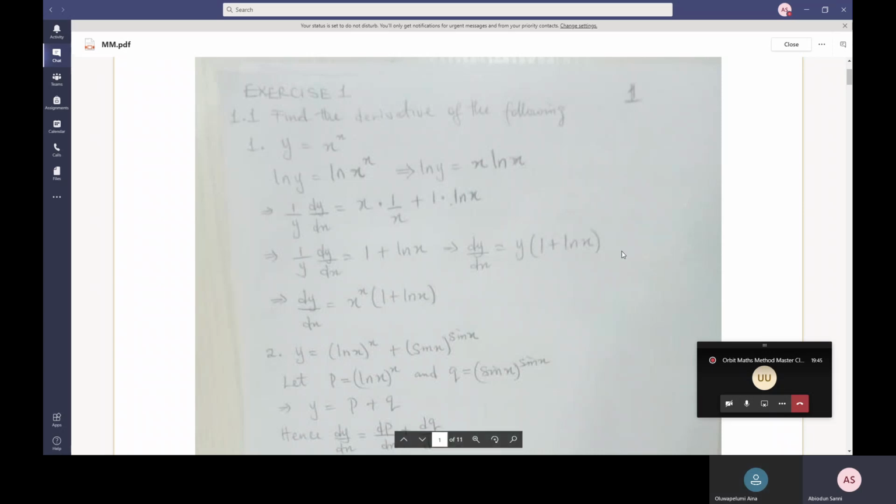But in objective, this is how they are going to leave their answer. They won't substitute for y. But your final answer should be, first of all, what is y? y is x to the power x. So my dy/dx now will be x to the power x times 1 plus ln x. So I will just substitute for my y.